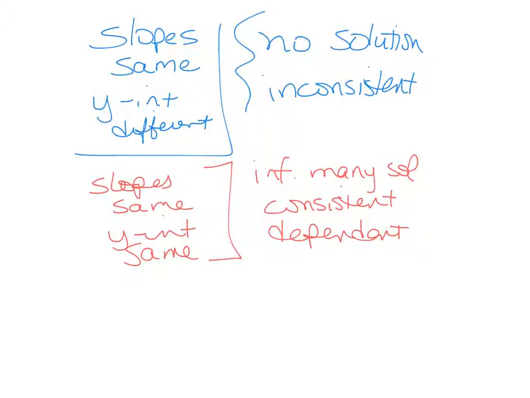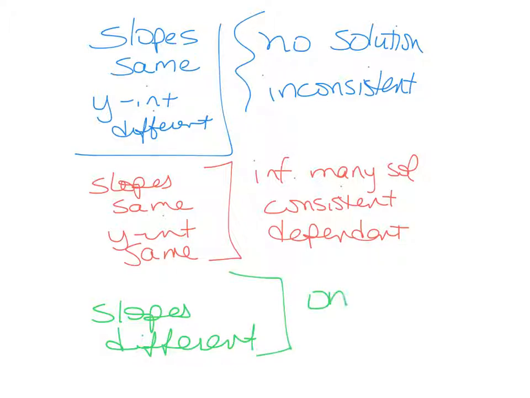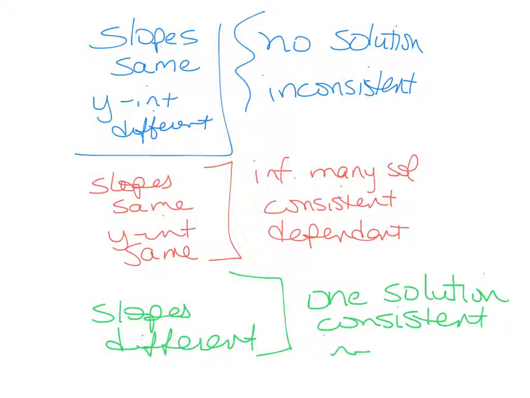And then the last situation is when slopes are different. It doesn't matter what the y-intercept is. Soon as you see different numbers on your slopes, this is when it's one solution, consistent, and independent.